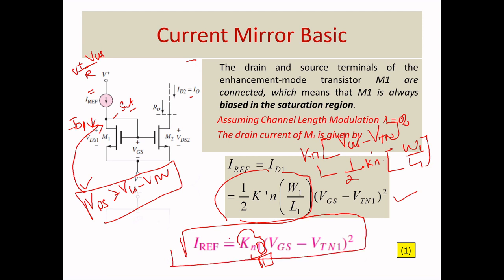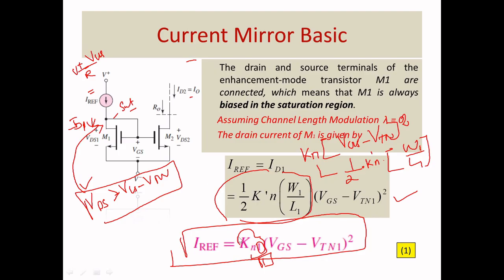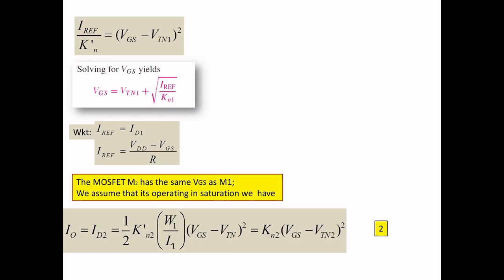Now I am going to rewrite the equation like this. That is IREF equal to Kn1 into VGS minus VTN whole square. Just rearrange the equation. So for your reference, I will write here IREF equal to.